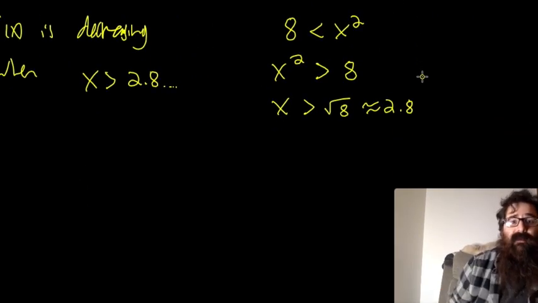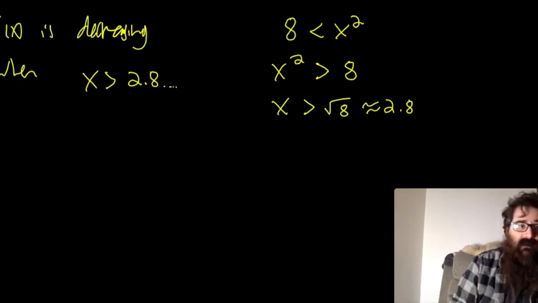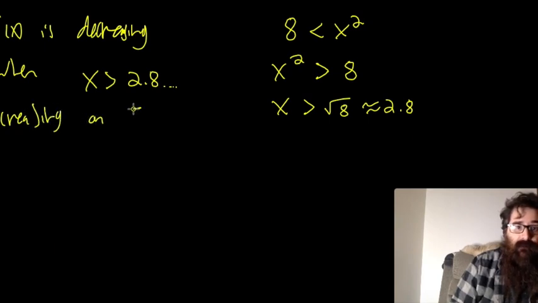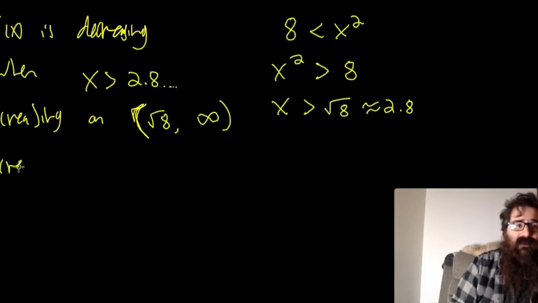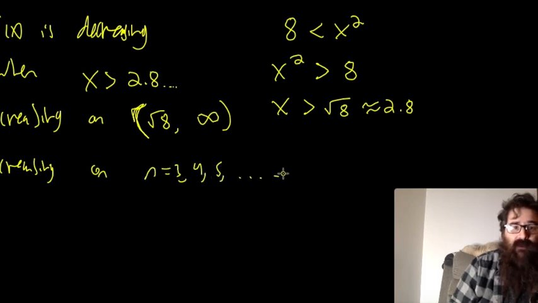So we could say that this is decreasing on the interval from square root of 8 to infinity. But if I think about what this means in terms of the series, we would say we're decreasing on n equals 3, 4, 5, so on and so forth.